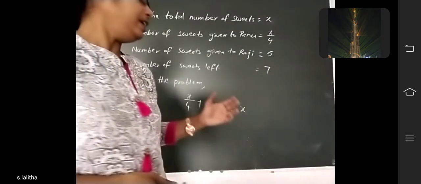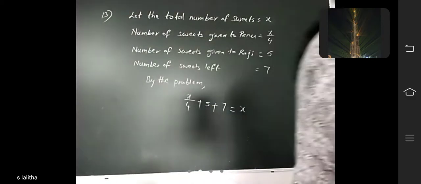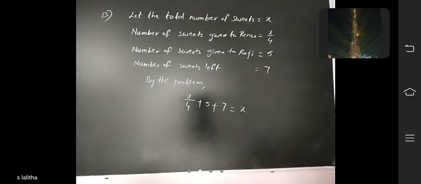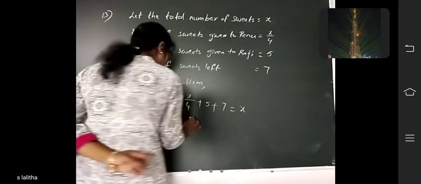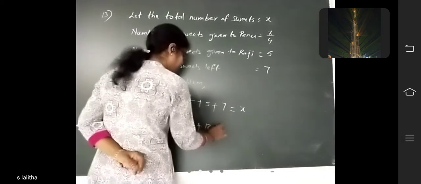Now you have to find the total. X by 4 plus 5 plus 7 is equal to X. How can you find, children? X by 4 plus 5 plus 7, 12 equal to X.